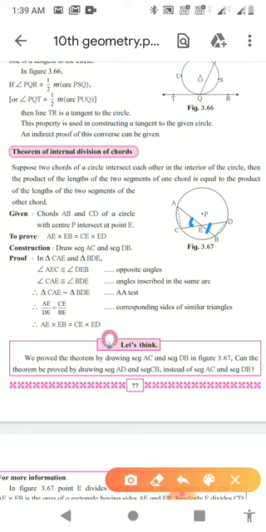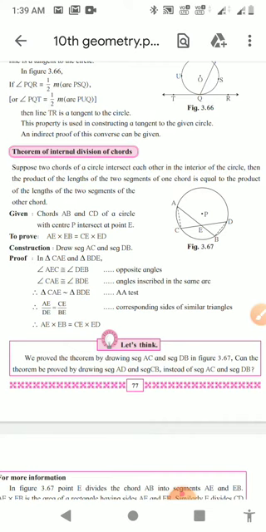Similarly, the angle CAE and angle BDE are angles inscribed in the same arc, isn't it? Because arc is same, hence they are also congruent. And therefore we can say, as two angles are congruent, according to the angle test, triangle CAE and triangle BDE are similar by angle test.